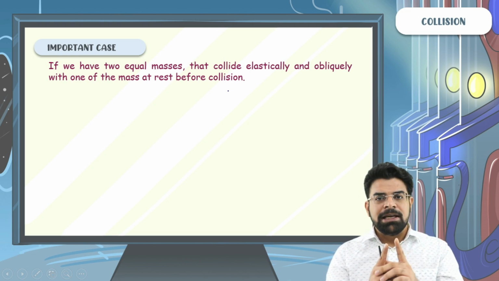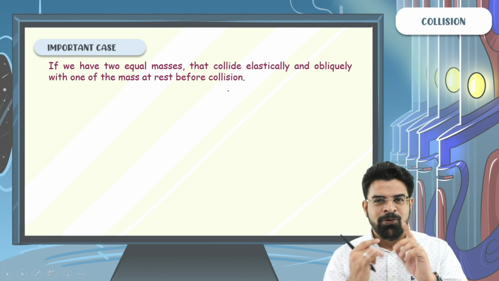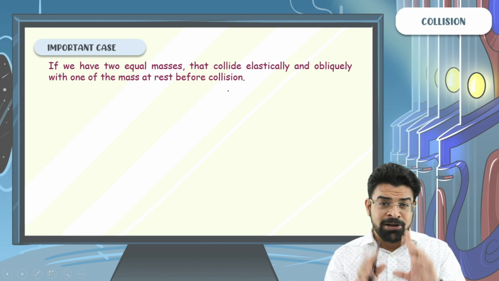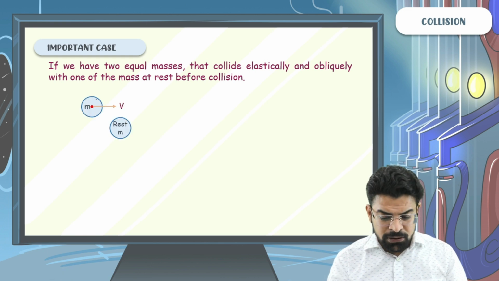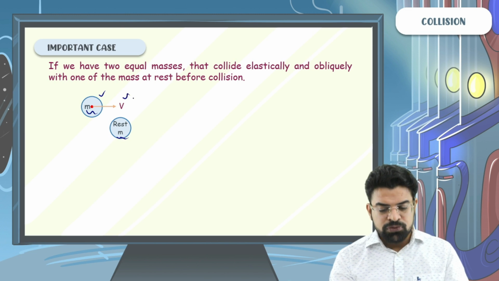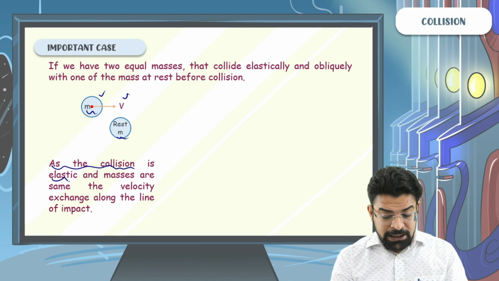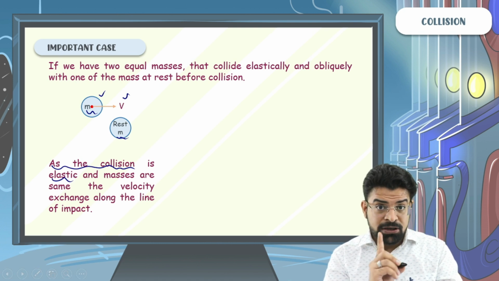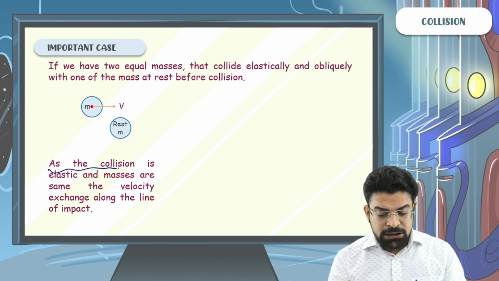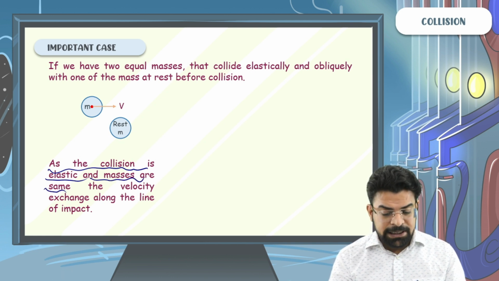This particular case is important because it is given in NCERT and it is used on the pool table, billiard table, snooker table, you say it. So let's say one of the masses is at rest and another mass moves with a velocity v. As the collision is elastic, listen to this line carefully, as the collision is elastic and masses are equal, the velocities exchange along the line of impact.